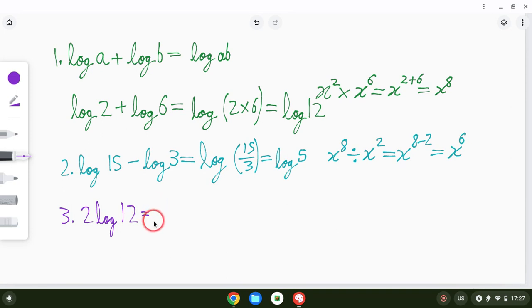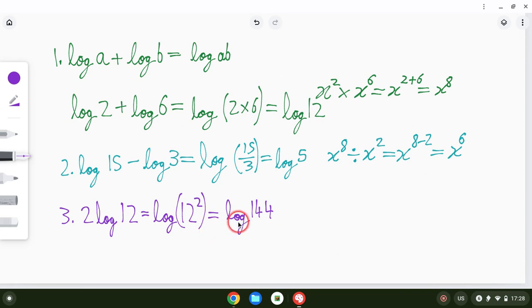So this will become log of 12 squared. I'll put this in brackets just to make it simple. 12 squared is 144. So this will become log of 144. Now, this one is very, very simple.